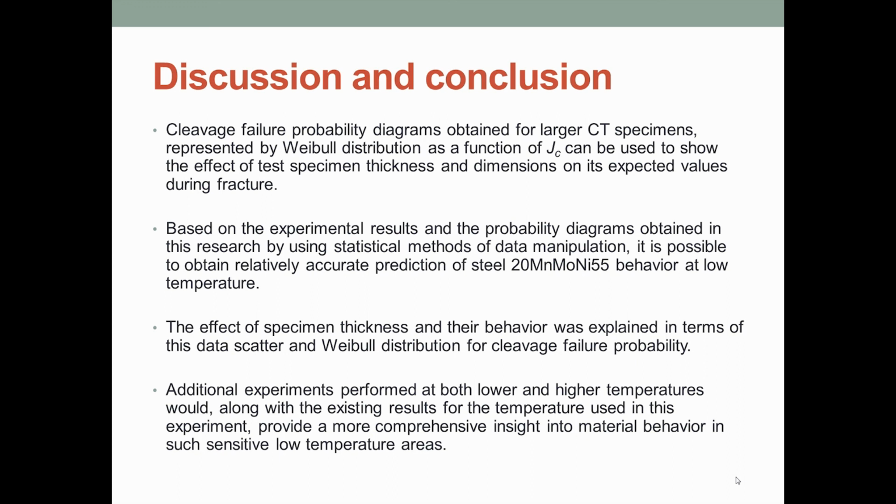Based on these experimental results and the probability diagrams obtained in this research by using a statistical method of data manipulation, it is quite possible to obtain a relatively accurate prediction of behavior of this steel at a low temperature range. And that will be it.